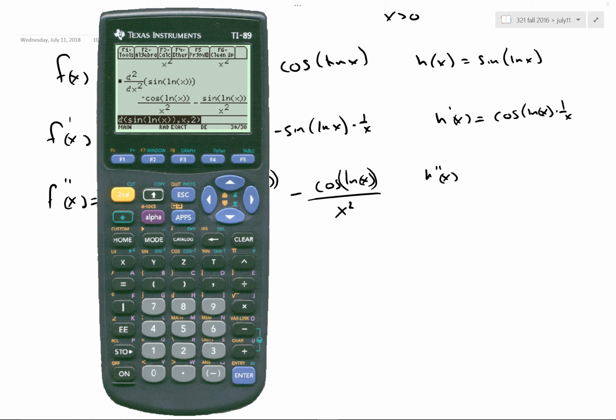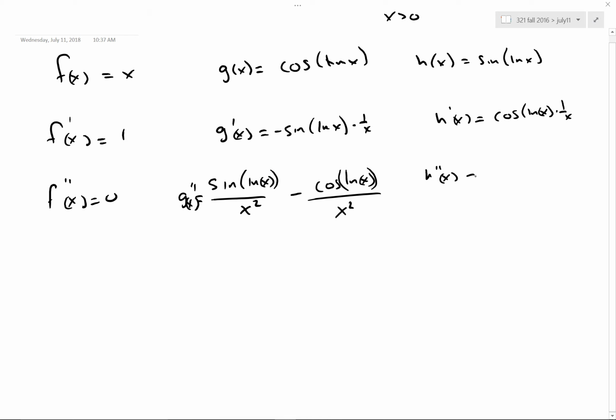Nope, I was wrong. They're both negative. Interesting. It's a negative cosine of ln over x squared minus the sine of the ln over x squared. Okay.